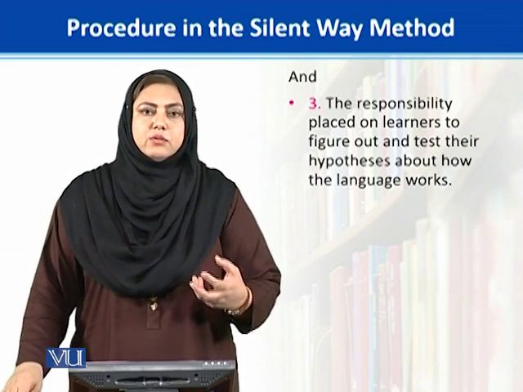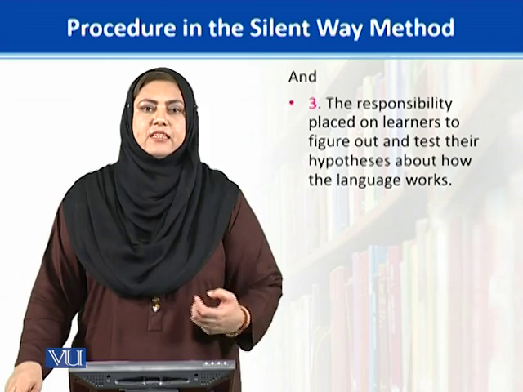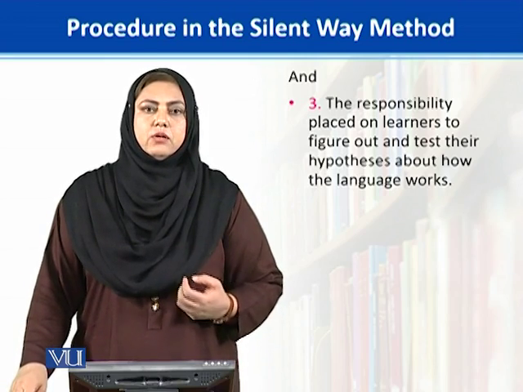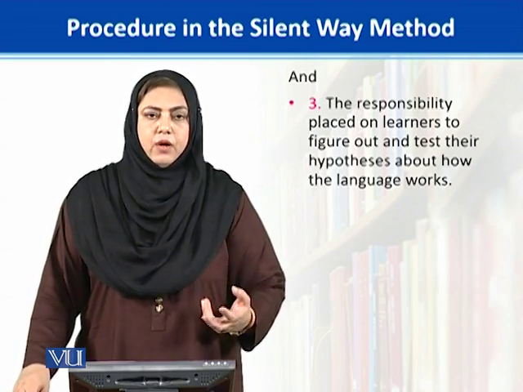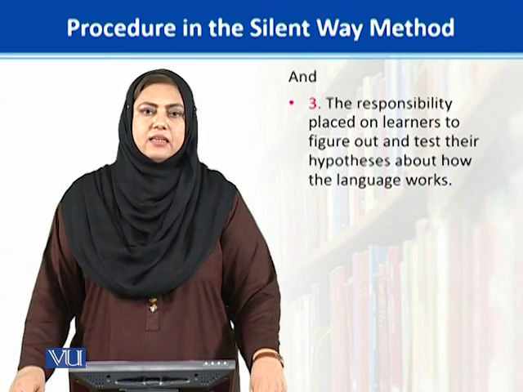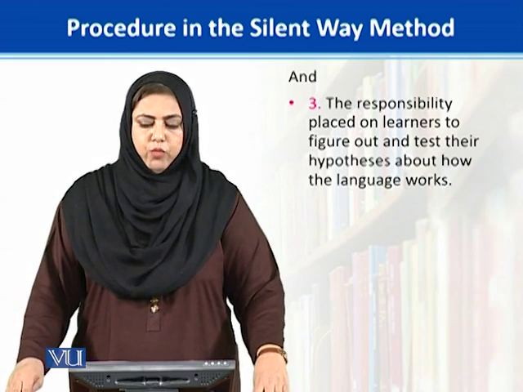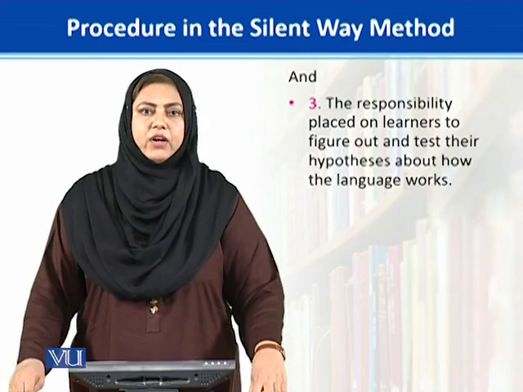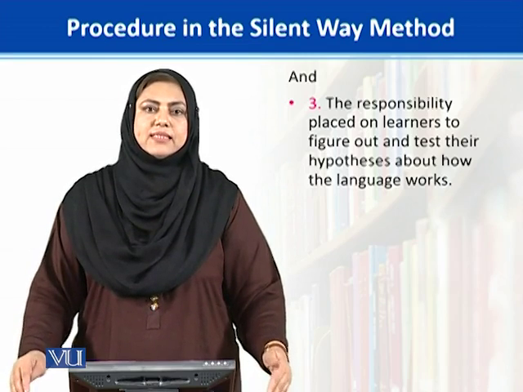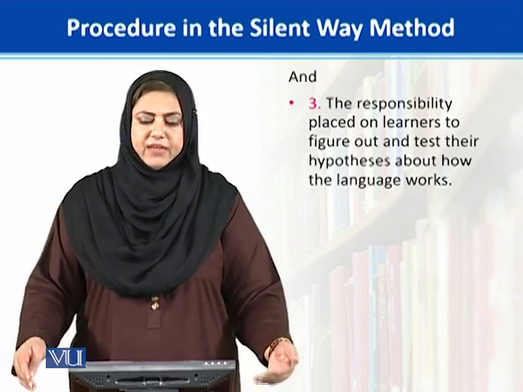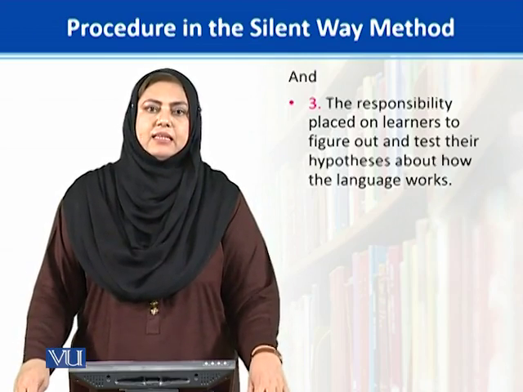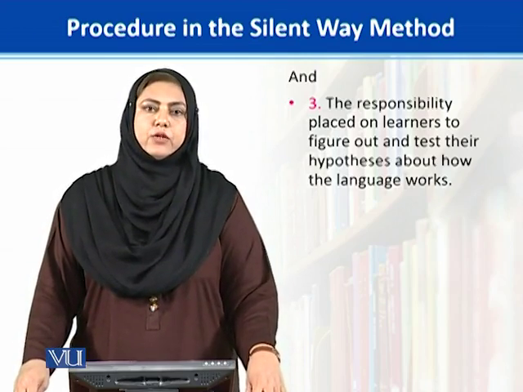So it is through an independent learning process and through the inner judgment of what they are learning that the learners would evaluate what they have learned is right and what needs correction. And thus through self-awareness and self-correction, independently the learners would learn in the Silent Way method.